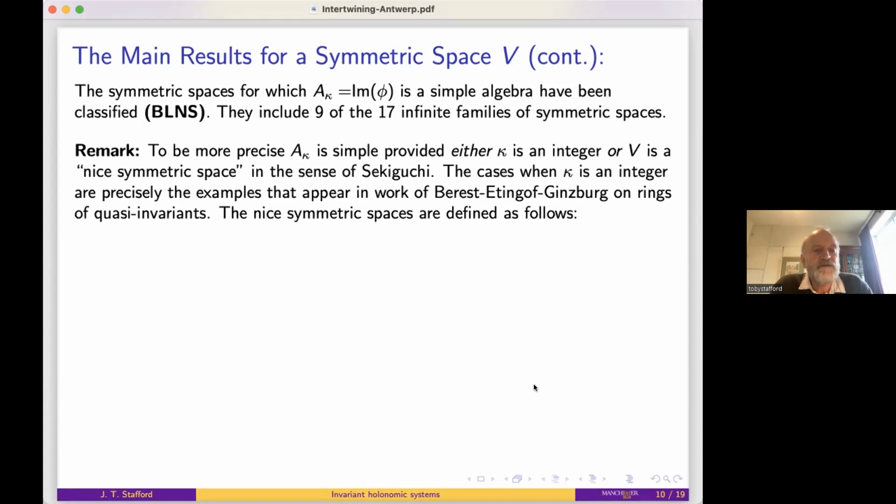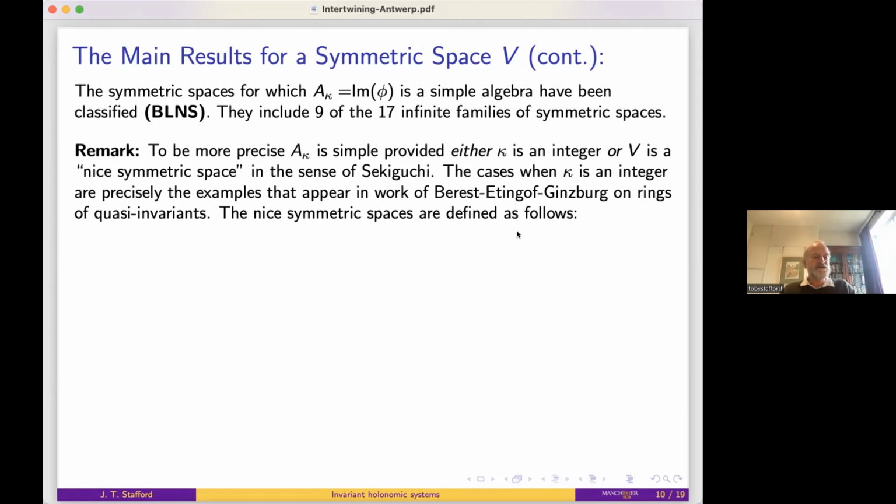So there are two cases that are possible. Either this parameter is an integer, or we have a nice symmetric space. Doesn't mean much, as I haven't told you what the parameter is, but let me just say that the case when kappa is an integer, those are the examples that turn up in work of Berest, Etingof, and Ginzburg on rings of quasi-invariants, differential operators on quasi-invariants.